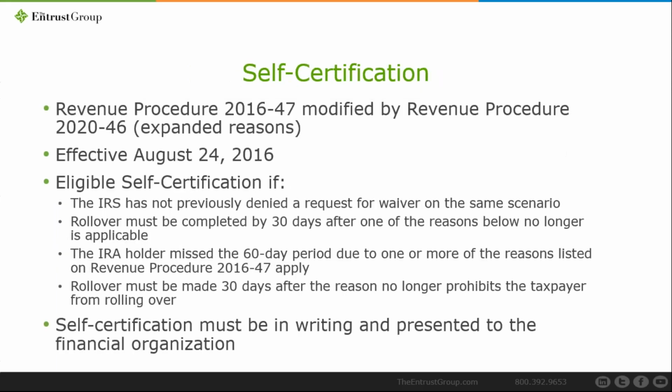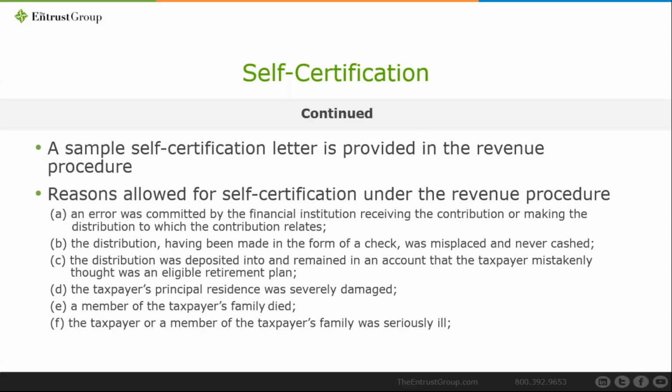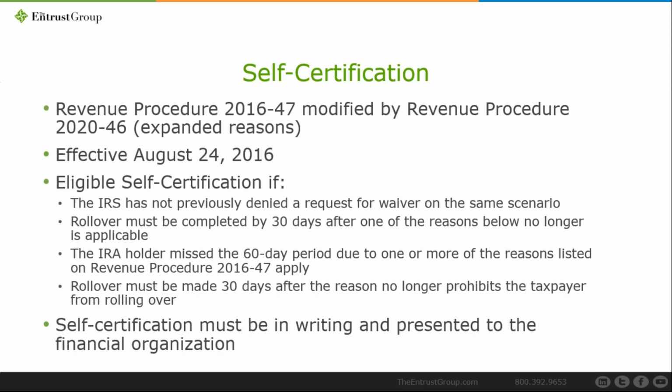What if a person wasn't eligible to roll it back in and there was a reasonable reason? The IRS came up with what we call Revenue Procedures 2016-47 and 2020-46, which expanded the reasons to allow for an individual to self-certify.